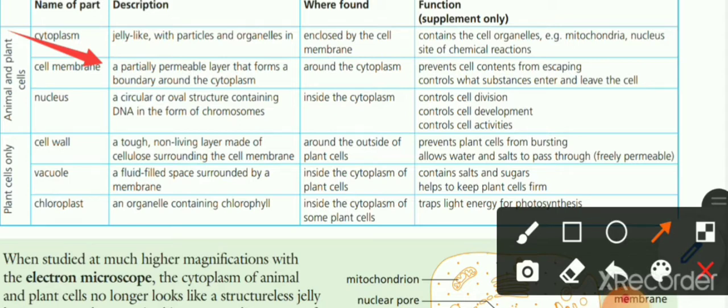So basically, it acts as a scanner for the cell. The cell will see it and decide whether it needs any ions, maybe more potassium or sodium. Remember that there are certain gates in that layer. Basically, you can call them channels. So it is decided by this membrane whether a material should enter the cell or not.